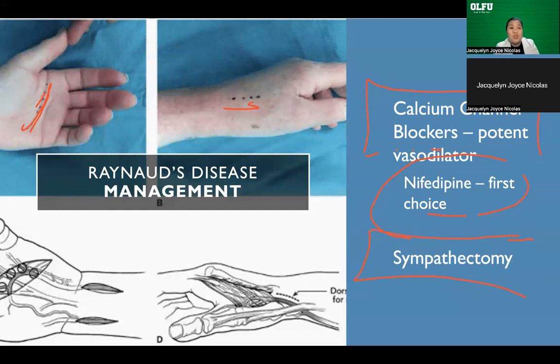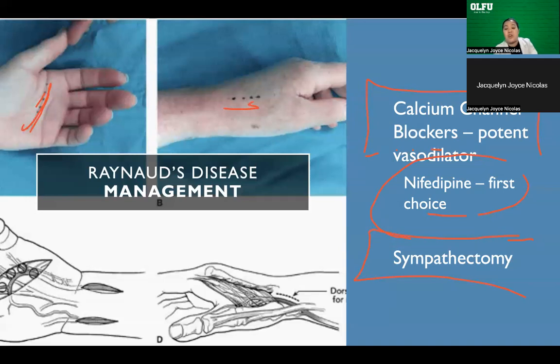Why? Because another thing, apart from vasoconstriction, one event, okay, that happens in Raynaud's disease is the overreaction of the sympathetic nervous system. Okay, and they say that's the reason why continuous yung vasoconstriction niya. It's because of the overreaction by the sympathetic nervous system that it's very hard to bypass.